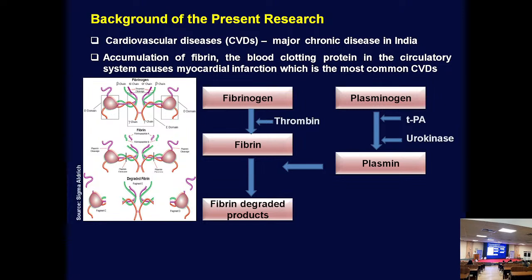One wants the blood to be in liquid form inside our system, and once there is an injury, we want to stop the blood loss by making it clot. So I am talking about this blood clot formation, and what if the blood clot forms inside our body?